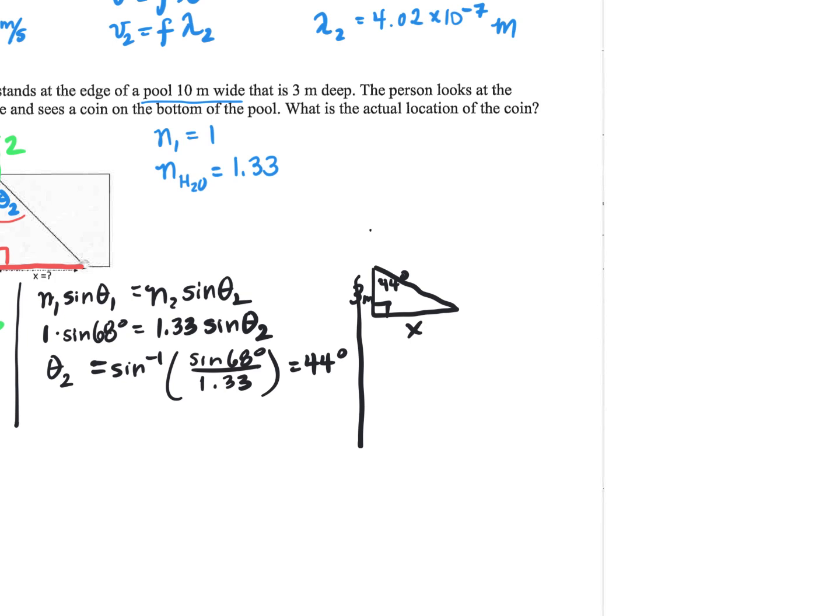So that's tangent again, isn't it? Tangent of 44 degrees is equal to opposite over adjacent. So x is 3 tan 44, which is what? 2.9. 2.9.